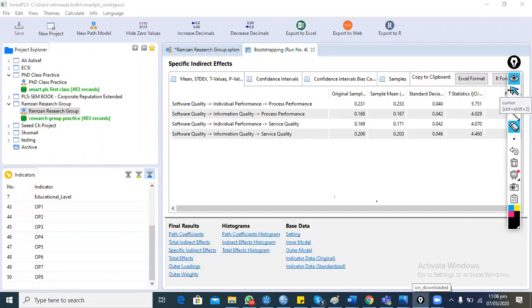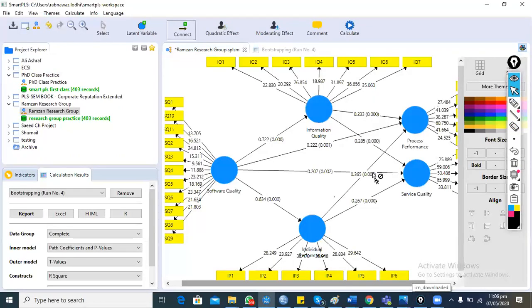Welcome. Now I'm moving toward testing of the serial mediation, which is very important. Serial mediation. You know about the serial or series of mediation.